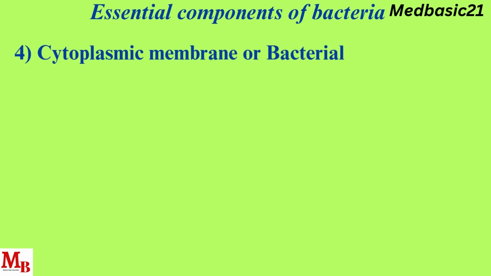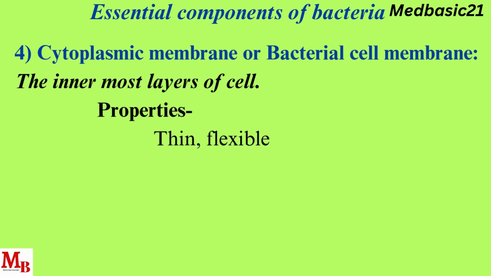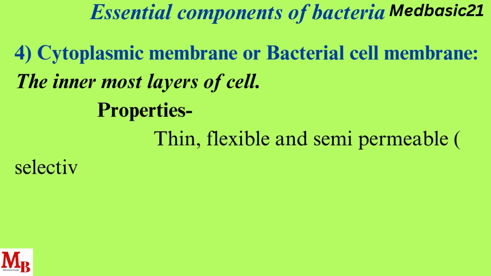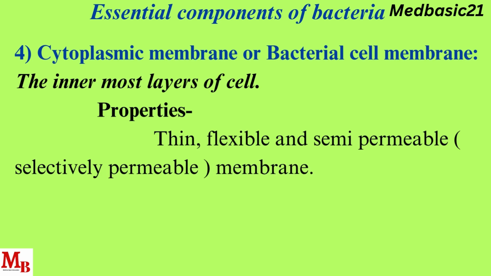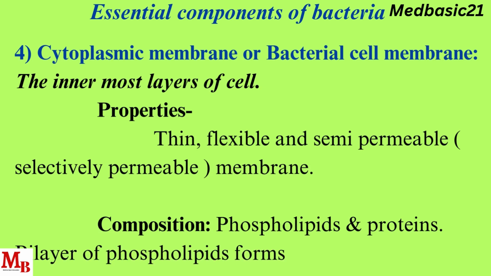Cytoplasmic membrane or bacterial cell membrane, the innermost layers of cell. Properties: thin, flexible and semi-permeable, selectively permeable membrane. Composition: phospholipids and proteins.